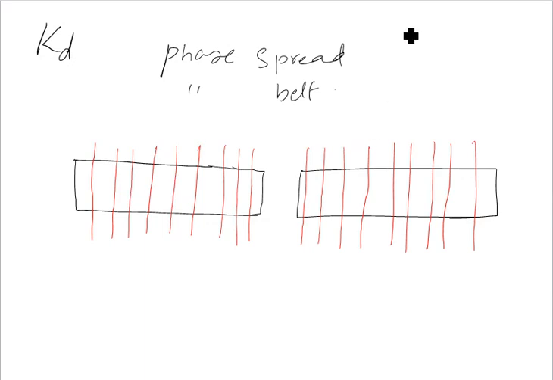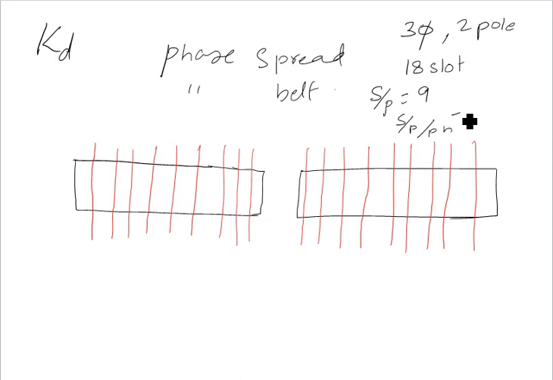We talked about the rating of a machine. It was a three-phase, two-pole machine having 18 slots. So slots per pole will be 9 slots, that means 18 by 2, and slots per pole per phase will be 3, right?